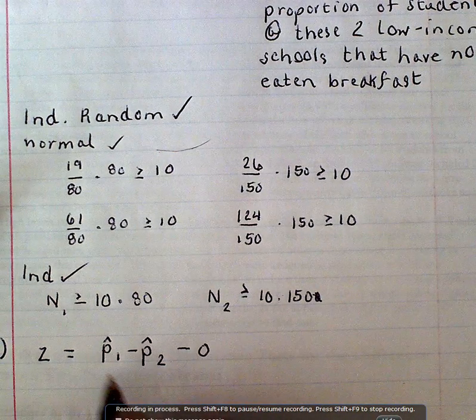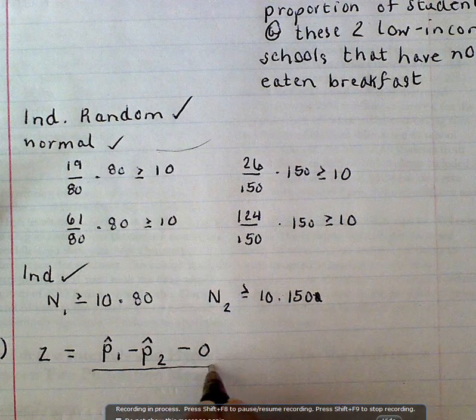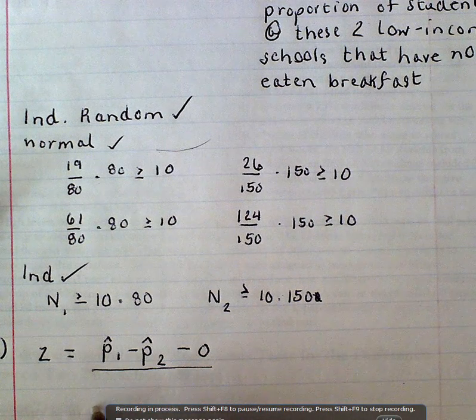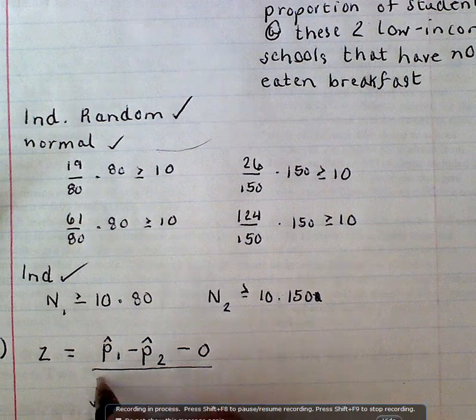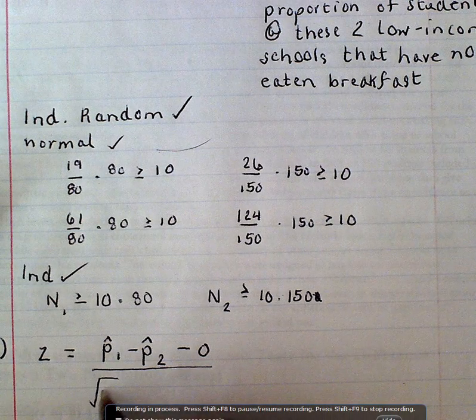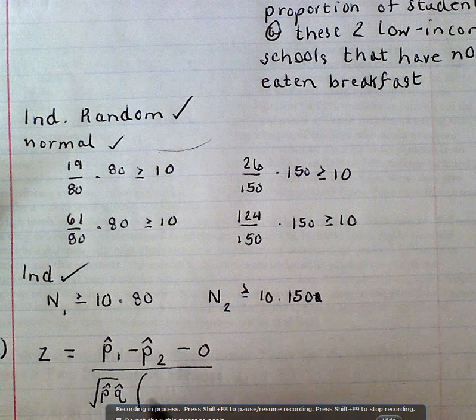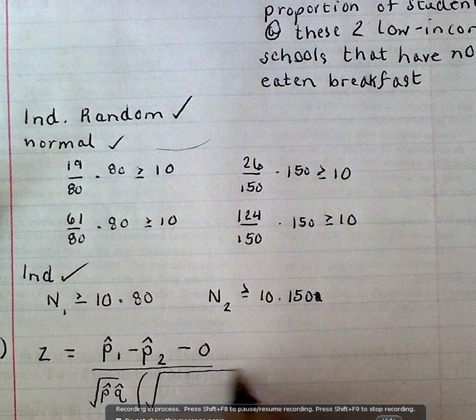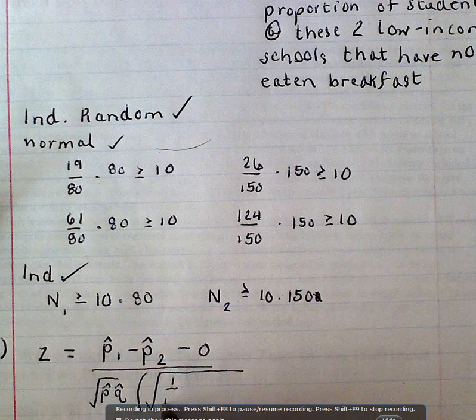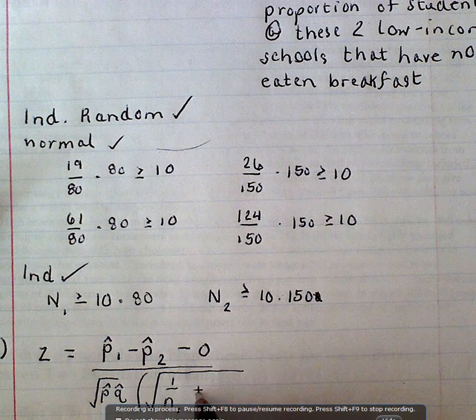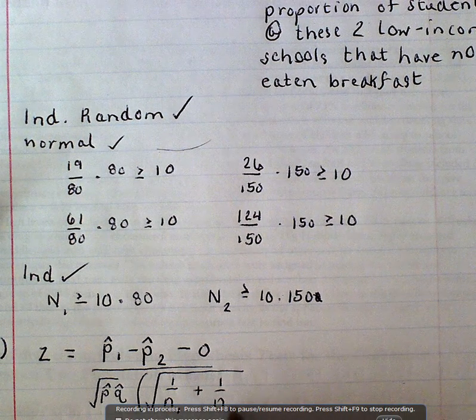And then we divide by our standard deviation of that statistic, which is the pooled p-hat, q-hat square rooted times the square root of 1 over the first sample size plus 1 over the second sample size.